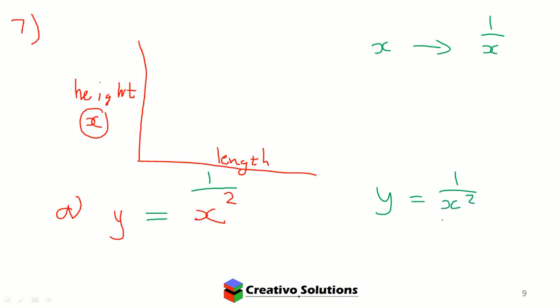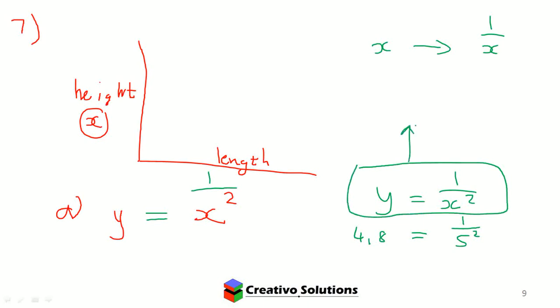Then they say show that when x is 5 and y equals 4.8, the equation becomes x squared y equals 120. Well, that's easy. If x is 5, I'm going to put a 5 here, 5 squared, which is 25, and that is equal to y, which is 4.8. That's the y value for that particular sum. I need to make this the subject of the equation with y and x on one side. So I'm going to have x squared times y.